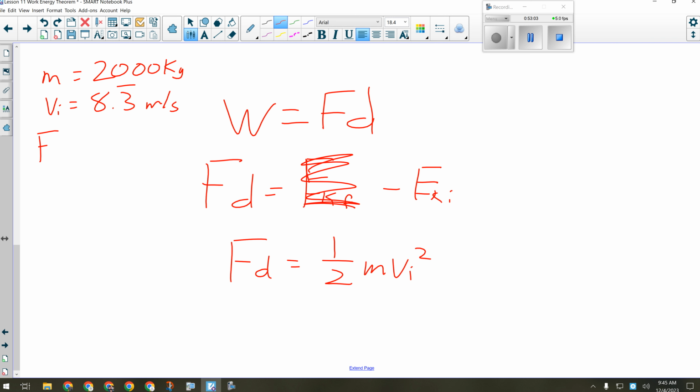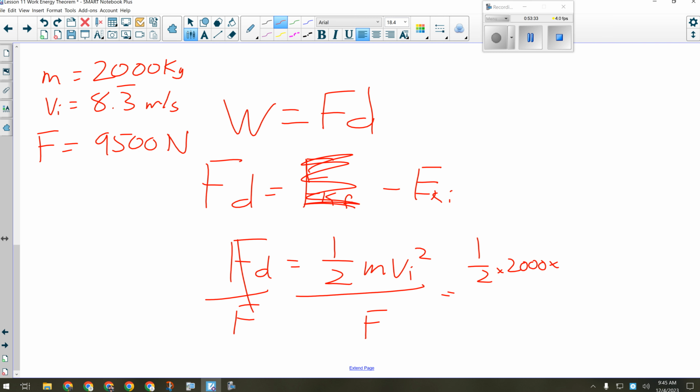Okay? Let's say that my brakes can exert 9,500 newtons worth of force stopping me. Do I have everything except D at this point? Okay, so then I can calculate what D is, yes? All right, what do I do with F? Divide it over to the other side. Okay, so 1/2 times 2,000 times 8.3 repeating squared divided by 9,500 newtons worth of braking force.